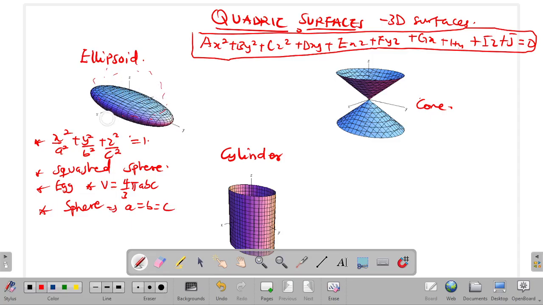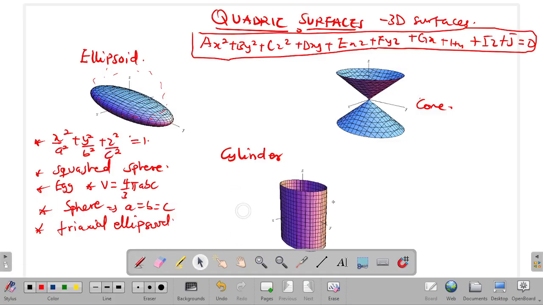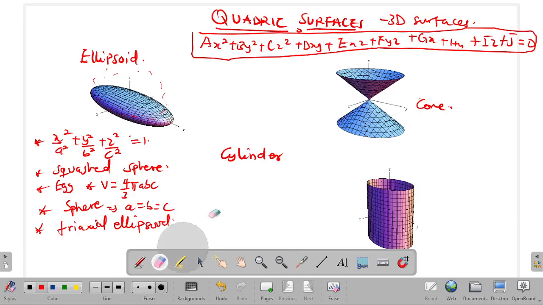The general formula for an ellipsoid, this particular type, is what we call the triaxial ellipsoid, meaning it has three-axial symmetry. All three semi-axes are different, meaning a, b, and c are all different.